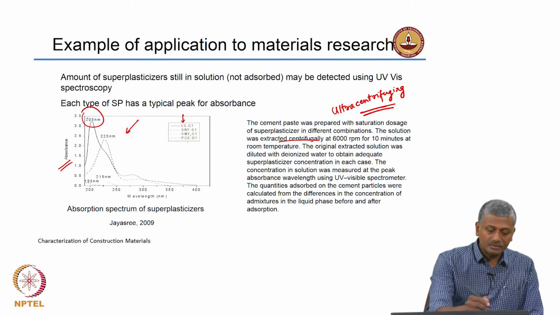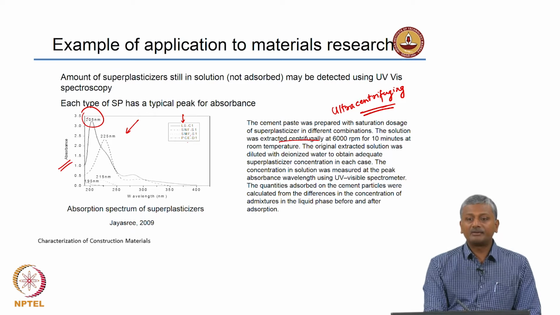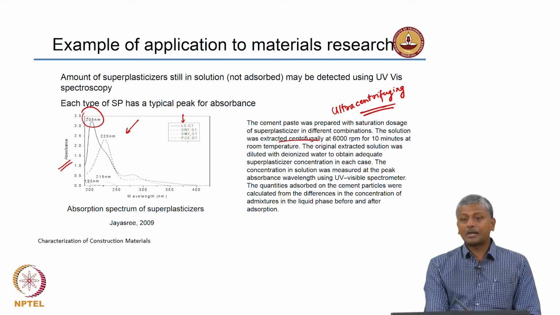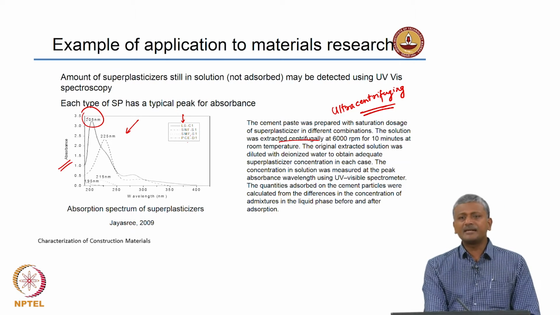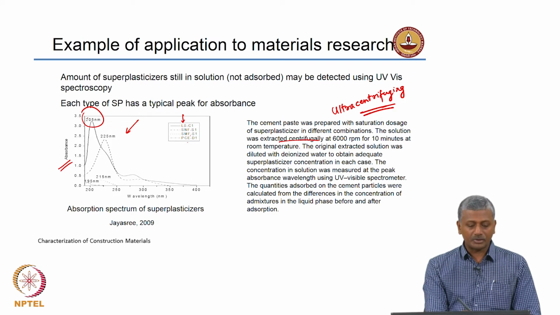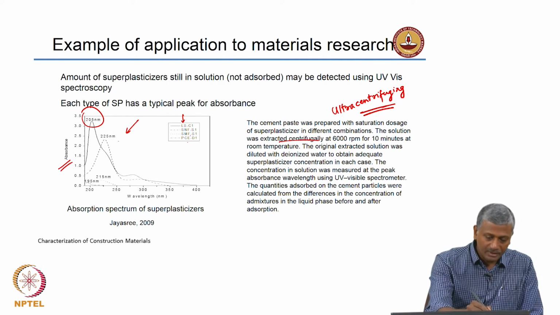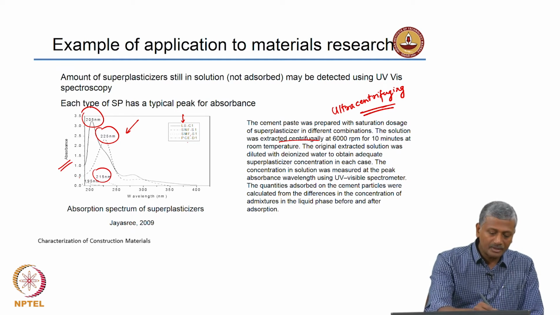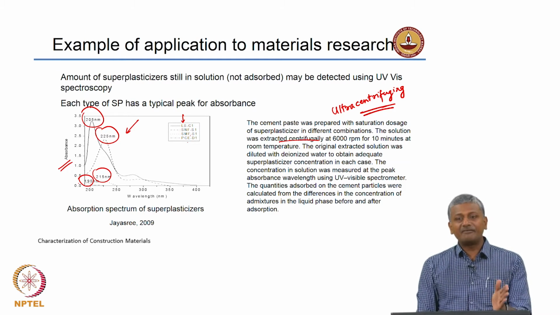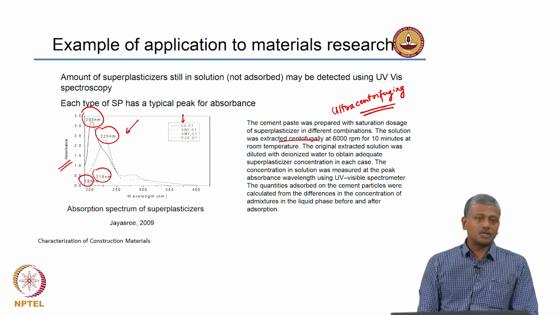For instance, for lignosulfonates, the primary absorbance happens at a wavelength of 205 nanometer. Is that in the visible range or ultraviolet range? It is in the ultraviolet range. In fact, all of these 4 compounds are in the ultraviolet range, but they have very specific wavelengths at which absorption happens.